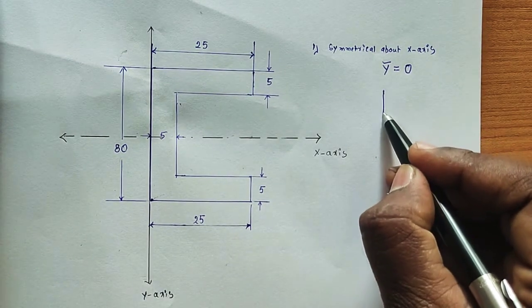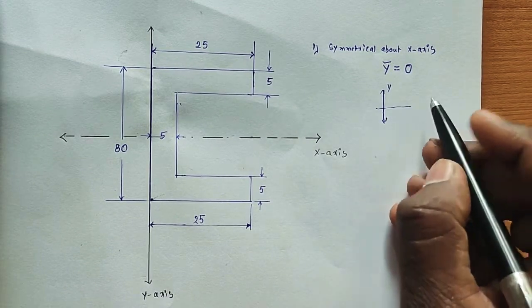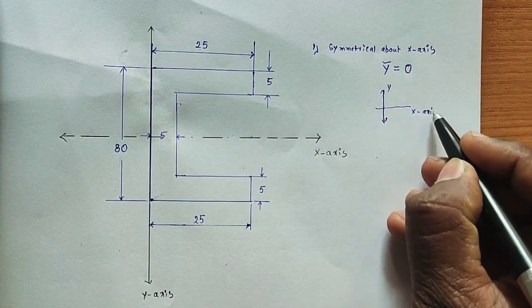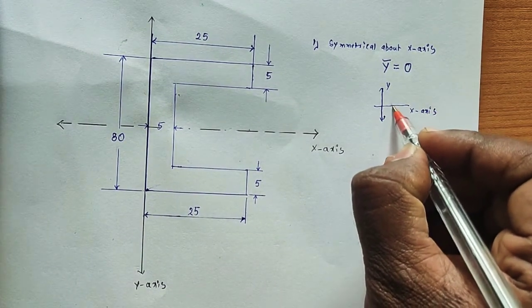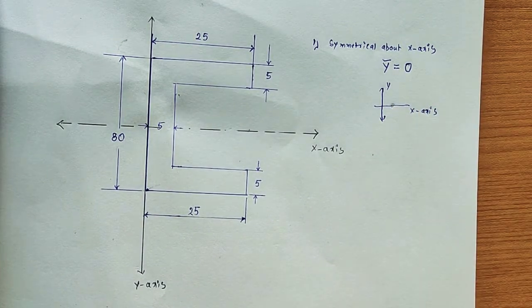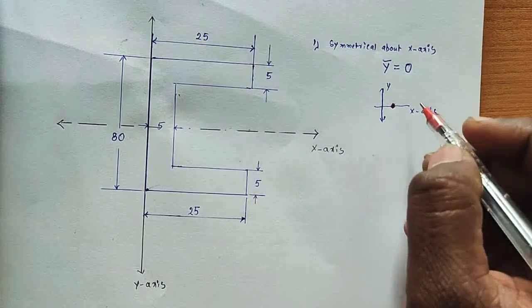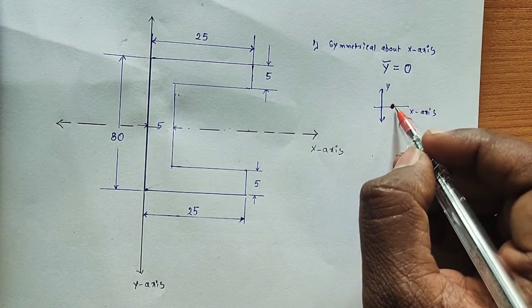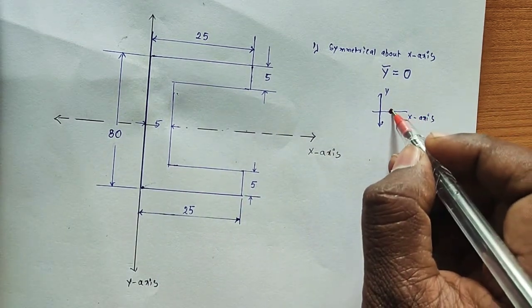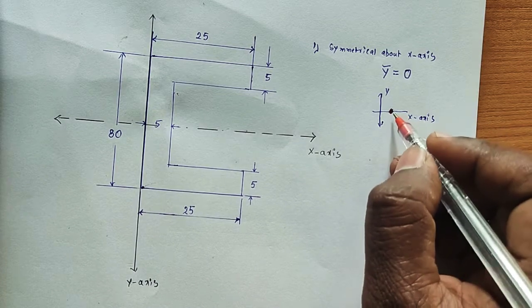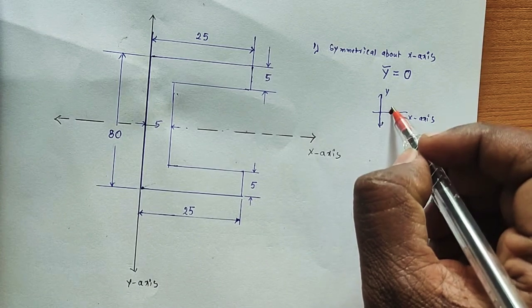Say this is the y-axis, and this is the x-axis, and the centroid lies on the x-axis. Then the distance measured from the x-axis is y bar.